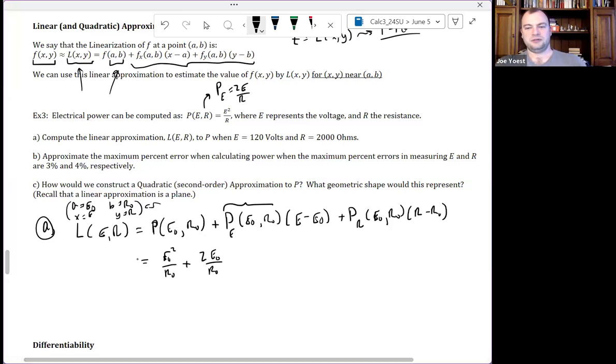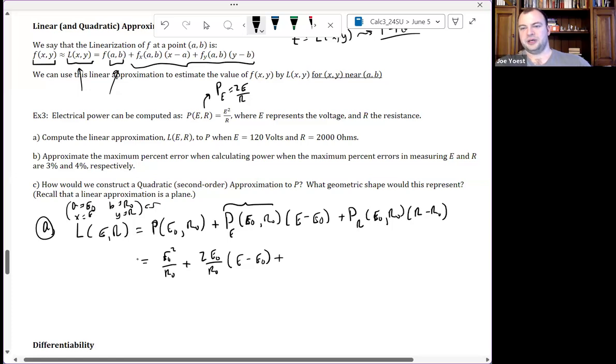I don't want to leave this as 2E over R, because then I'm going to have 2E squared over R. That is certainly not linear in E or R. I evaluate at the point E naught, R naught. So very important to be careful with notation here. Times E minus E naught.